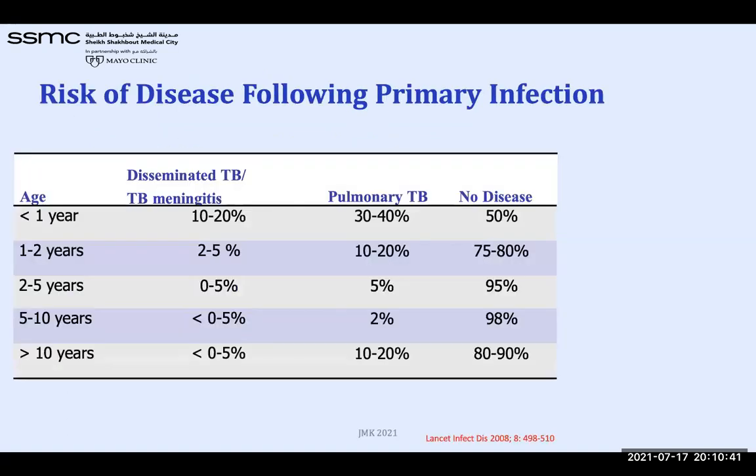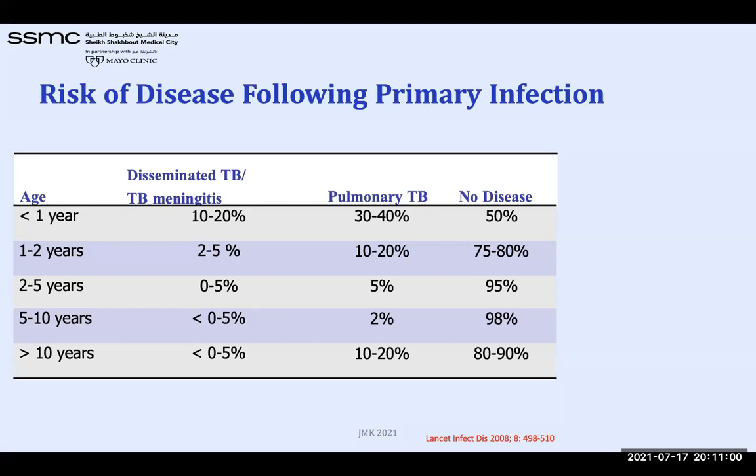These data are old, from the Lancet Infectious Diseases journal in 2008, but they are true till date, on the risk of disease following primary infection. Let's say somebody gets the primary infection, then how much is the risk?